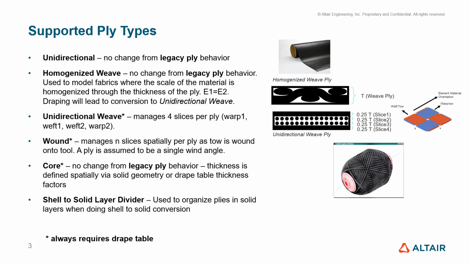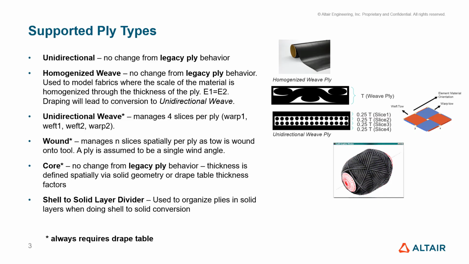This is, as you can imagine, used to model fabrics where the scale of the material is homogenized through the thickness of the ply. Here we assume the modulus in material 1 and 2 direction to be the same.